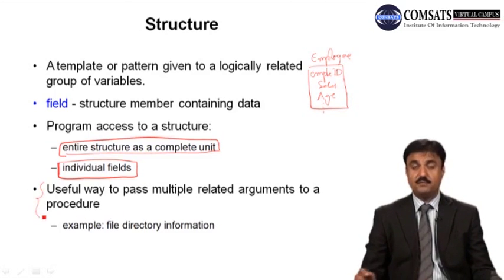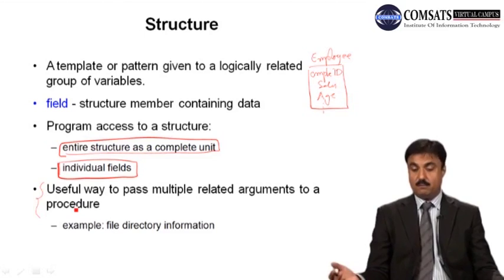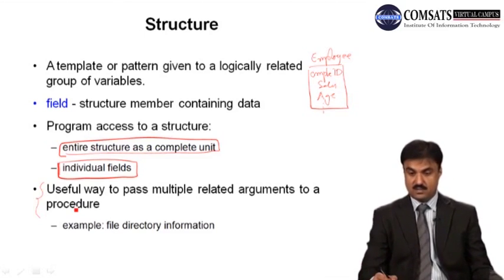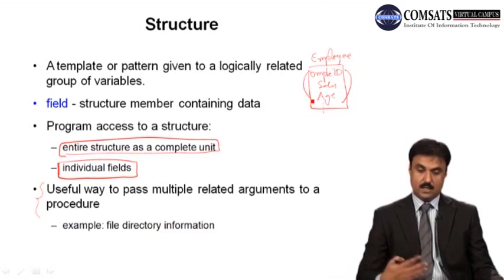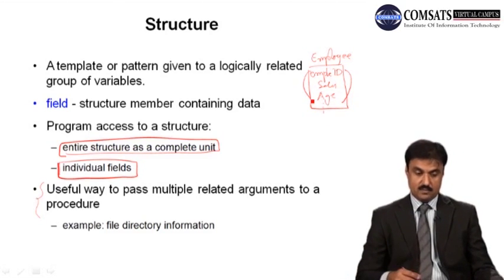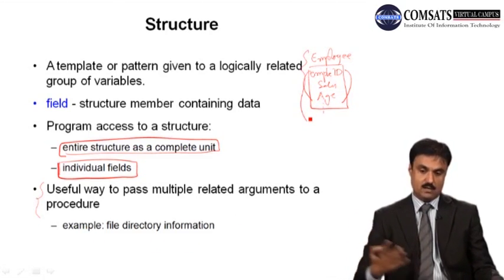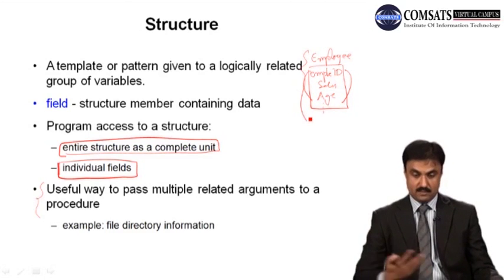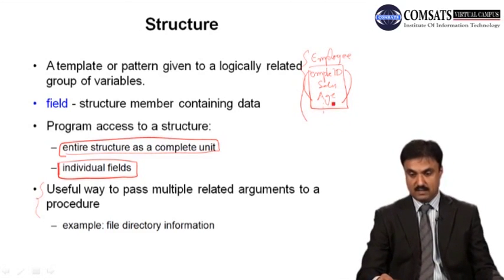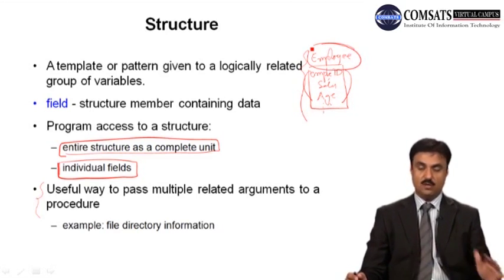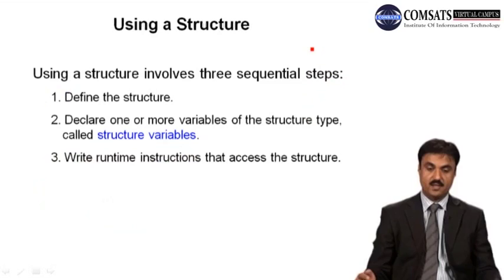This is a very useful way to pass multiple related arguments to a procedure. For example, if we have an employee directory and want to pass one whole employee, with all the members related to the employee, we do not need to pass each of them, we need to pass only the employee, whatsoever variable of type employee is there.